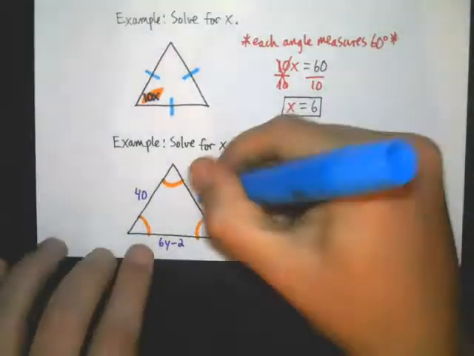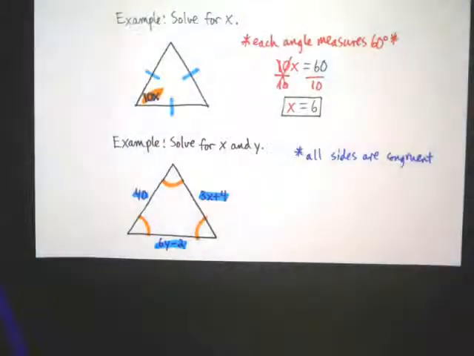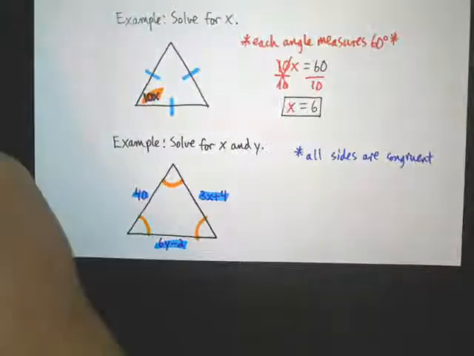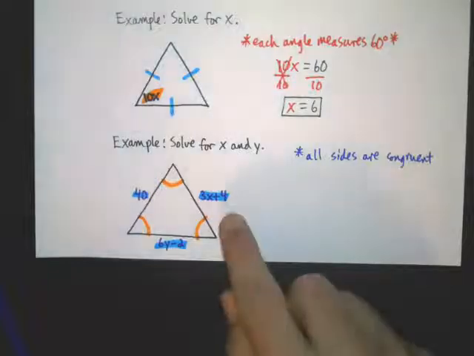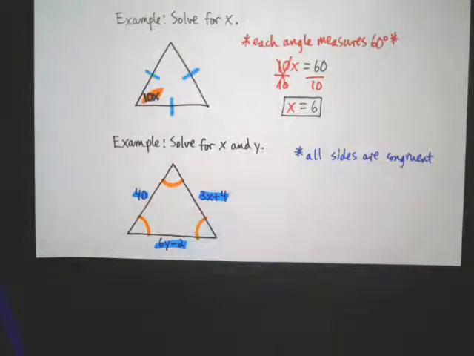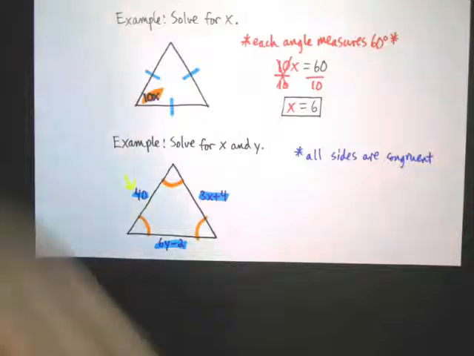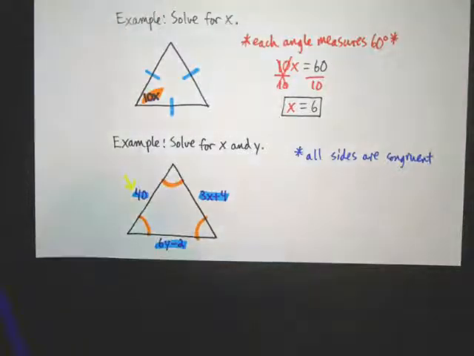So the sides we have to work with are 3x plus 4, 6y minus 2, and 40. Now, it wouldn't do us much good to put 3x plus 4 equal to 6y minus 2 because we've had too many variables there. So 40 is going to be really important for us. Each of the sides is congruent to 40.